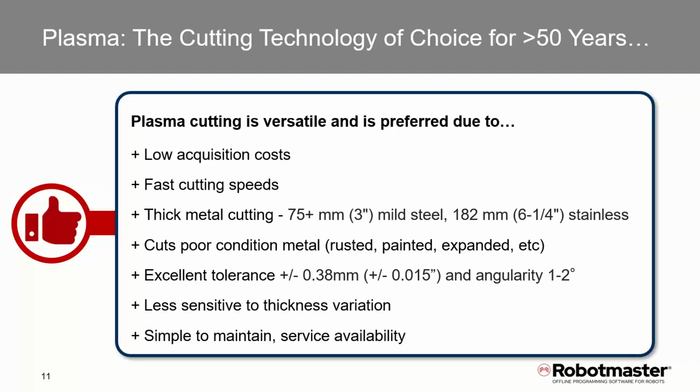And the tolerance is great when you cut it. The old days of kind of looking like you gouged it out with a chisel. Today's plasma provides great tolerance capability, great angularity, and it really isn't very sensitive to the thickness or thickness variation of the base material.